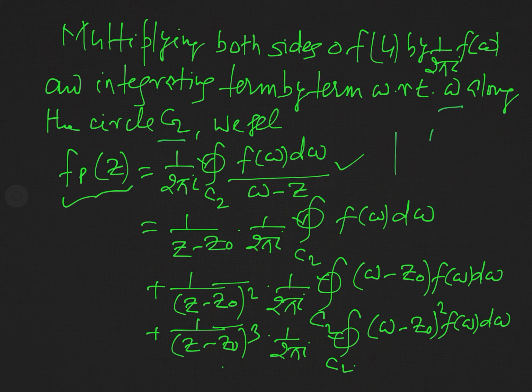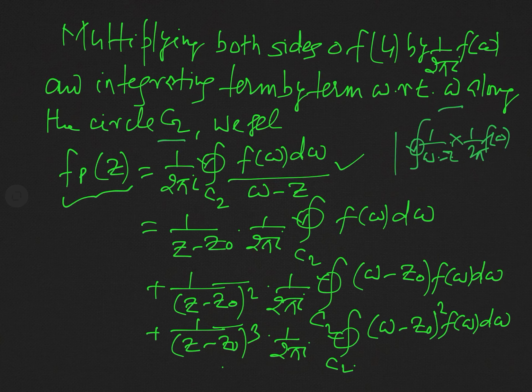And so as the RHS is 1 over w minus z, and we have to multiply it by 1 over 2 pi i f of w, and then we integrate it in anti-clockwise sense. So this will be the first term in LHS, and you know this is actually f2 of z. f2 of z is this much.